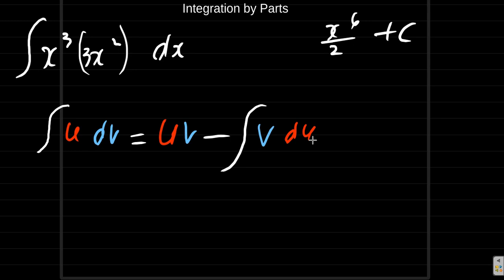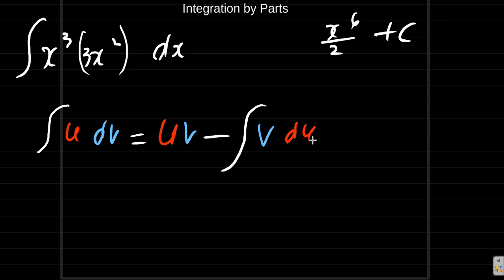Now, here I'm going to use 3x squared as u, because to go from u to du we have to differentiate. 3x squared would become 6x, and then we would have to use integration by parts again.